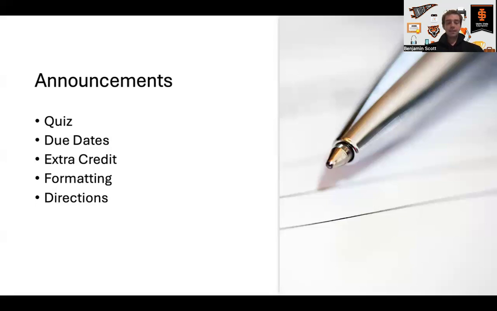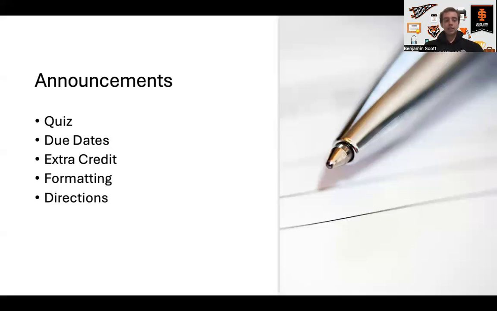Just adding a hyperlink is not citing correctly. The reason we do that is because when you cite your information, it allows us to very quickly see where you are getting this information from and how reliable the source is. Just having the hyperlink doesn't give us a lot of information.